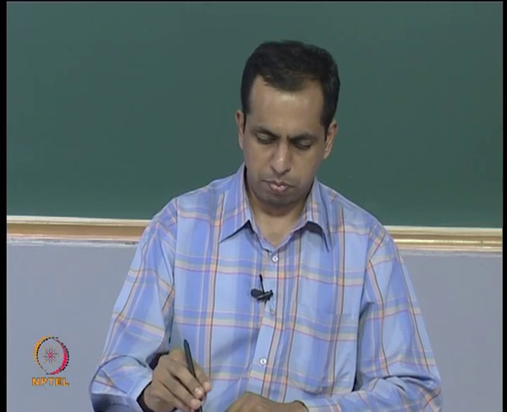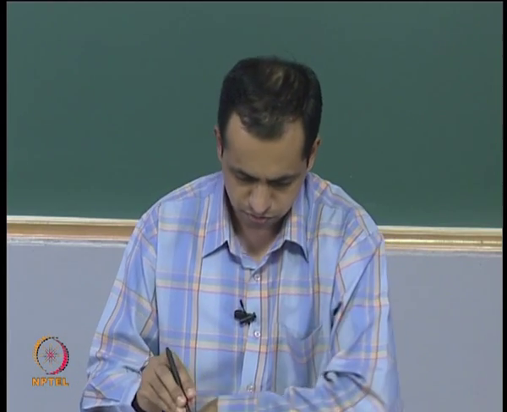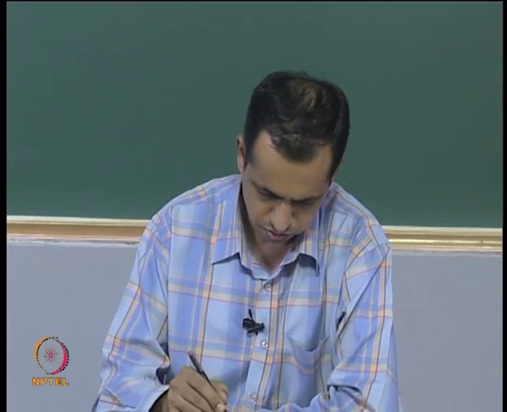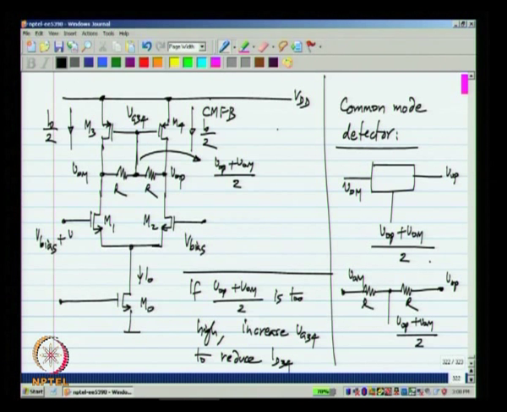Now, what happens if you apply a differential input? Let us say I have plus Vd by 2 and minus Vd by 2 here. What happens in that case is that there will be an incremental voltage VOP and an equal and opposite incremental voltage in VOM.